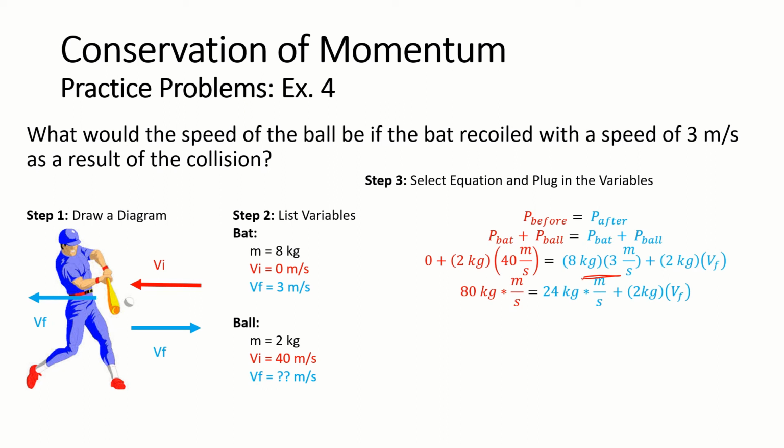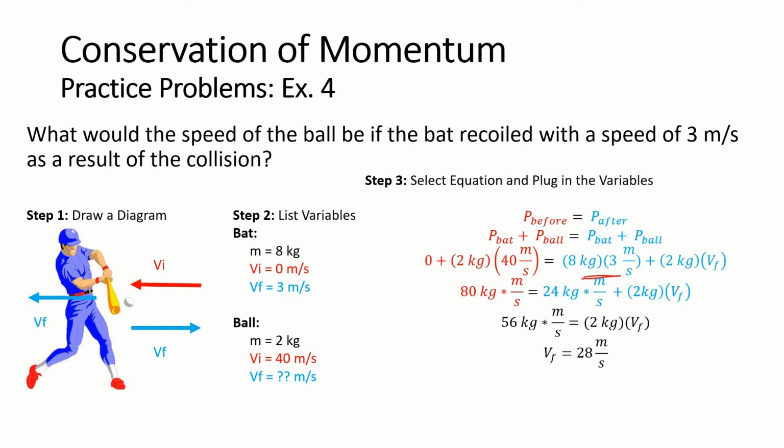It's an unknown. We could be adding 2 if that speed is 1 meter per second. We could be adding 4 if it's 2 meters per second. We could be adding 2,000 if it's 1,000 meters per second. I don't know what that term on the right is. So I have to move 24 first. Subtract 24 from both sides. Then you can divide by 2.